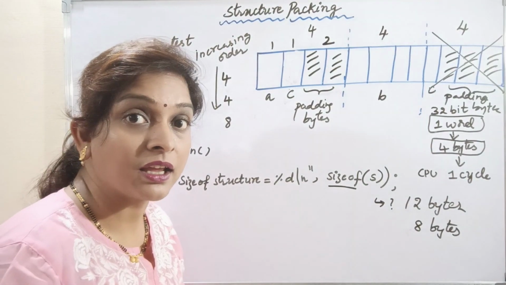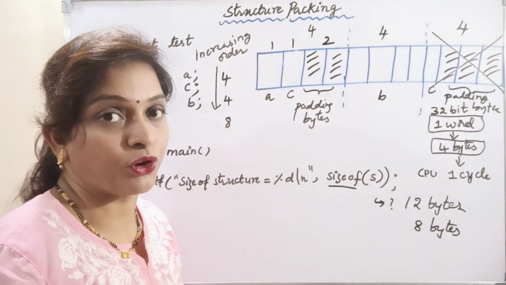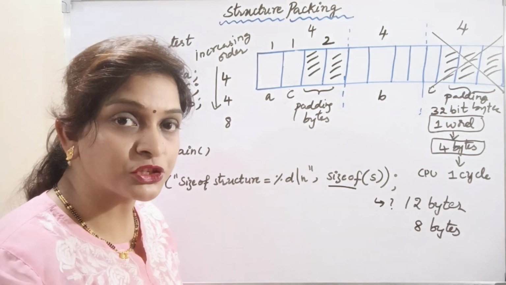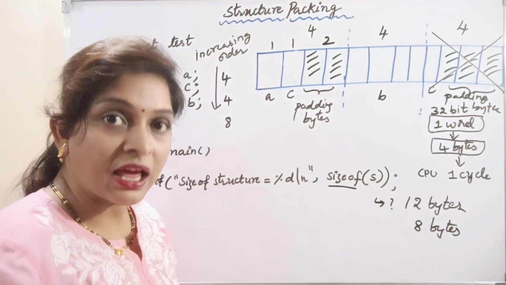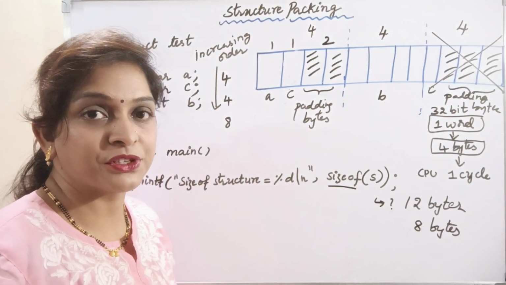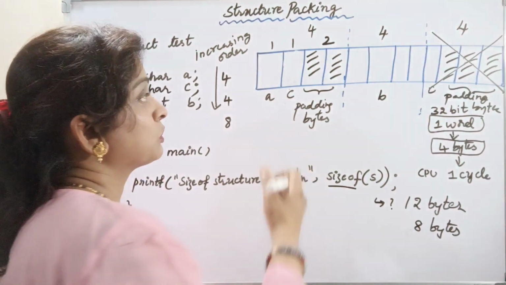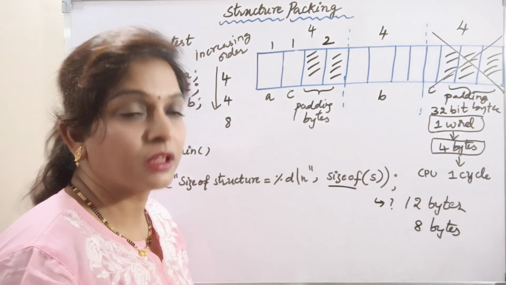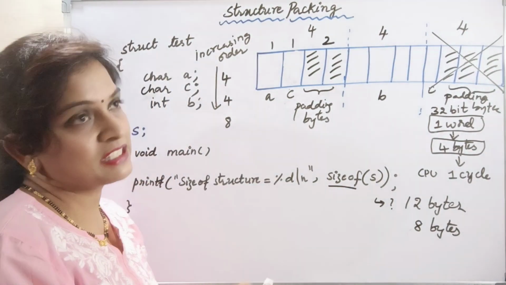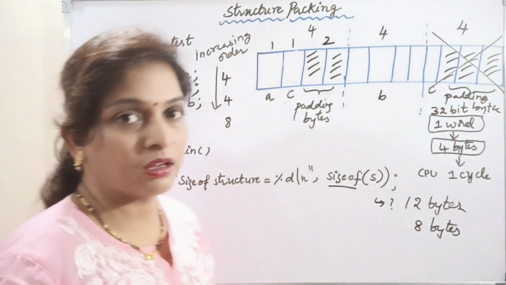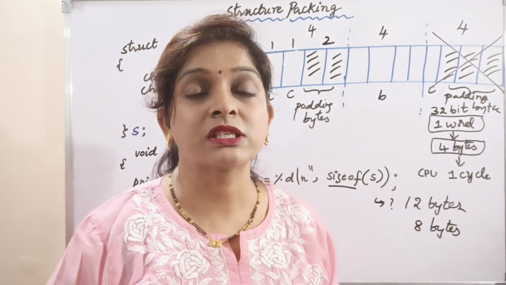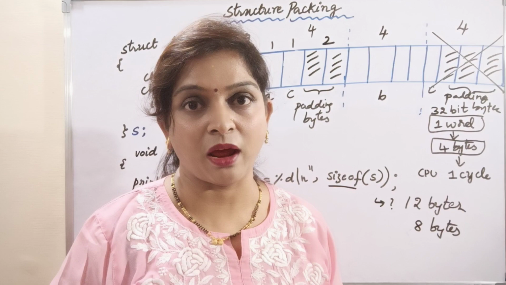If I arrange it in increasing order, I can do this management. The programmer should know this, to create the members in increasing order so that a smaller amount of padding bytes will be filled. But sometimes arranging the members in the proper order cannot be managed by the programmer.